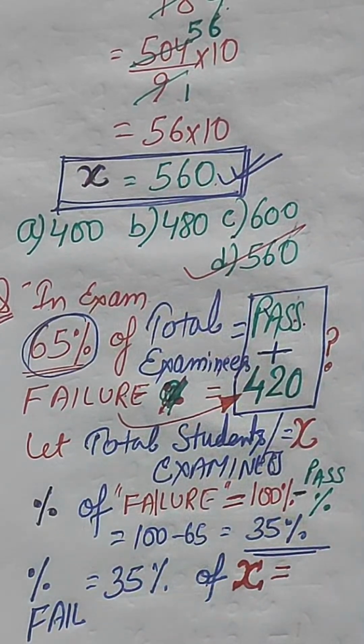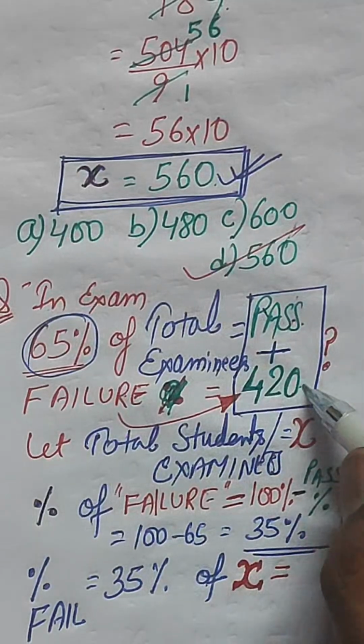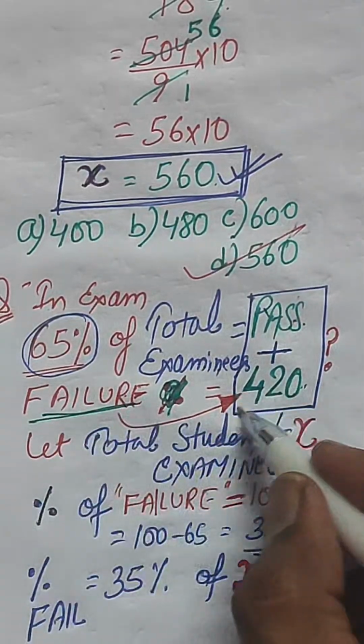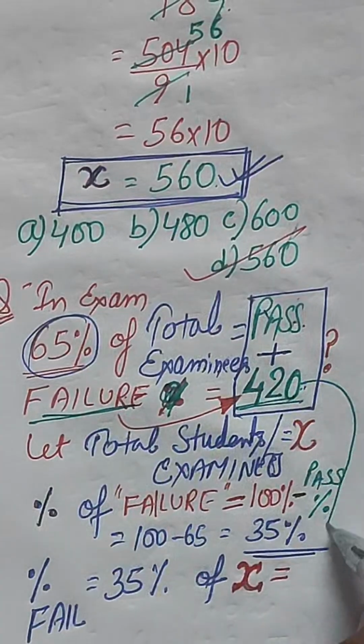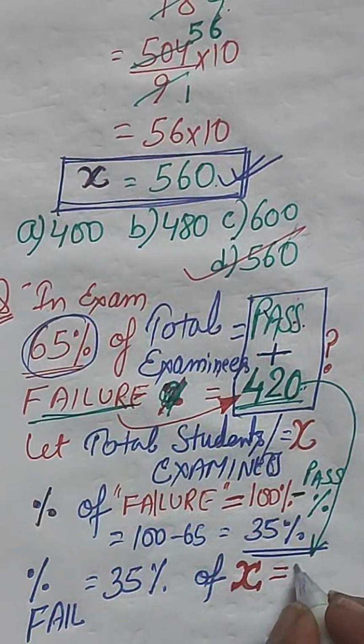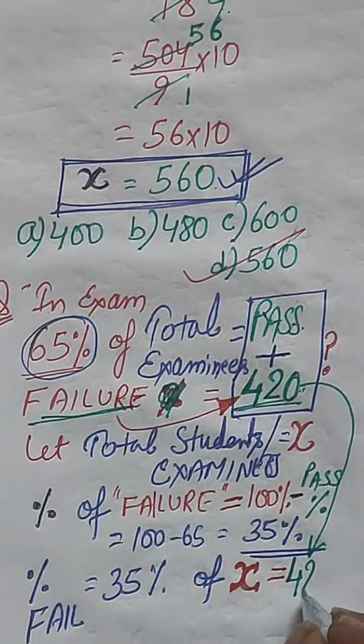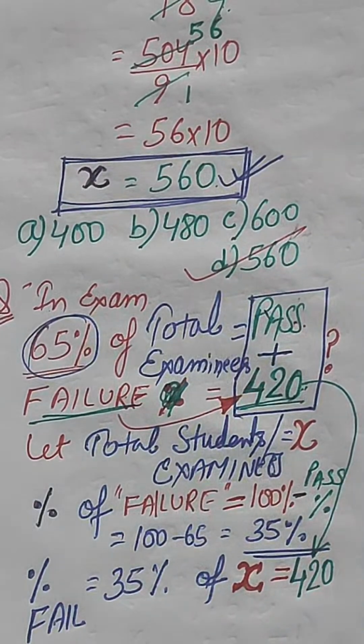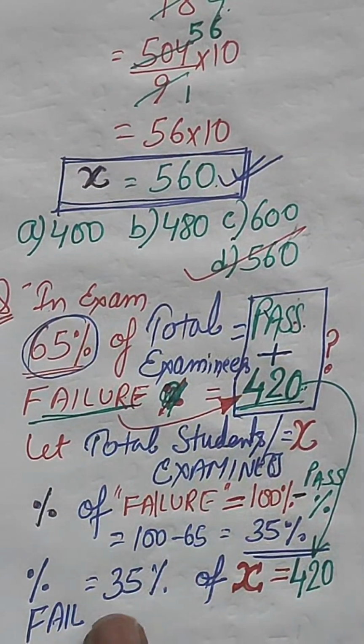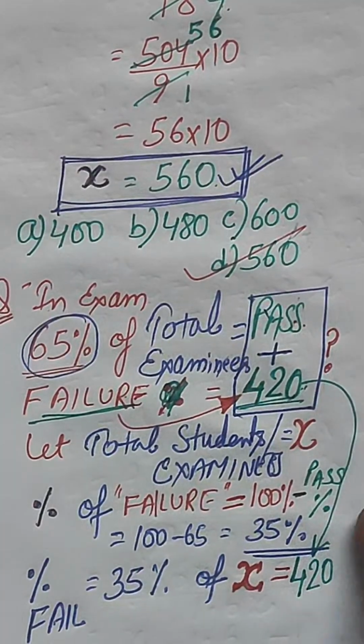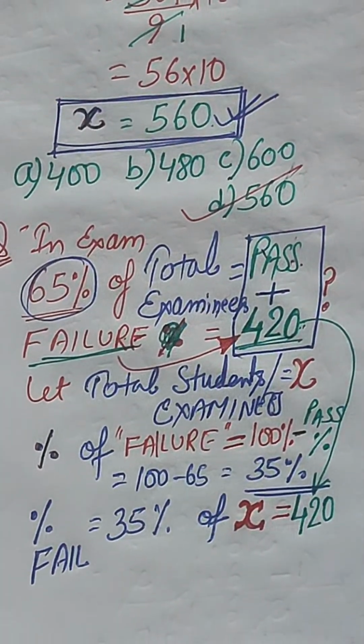What is the count? This 420 is the failure count. 420, this is given. Just put it over here and make an equation. Now solve it, you'll get your answer.